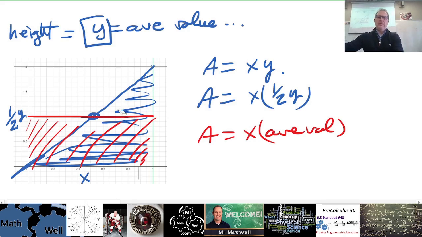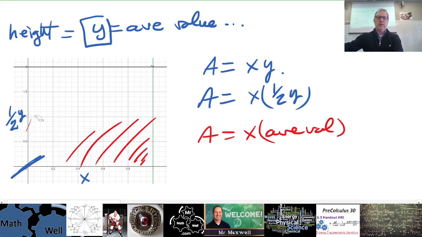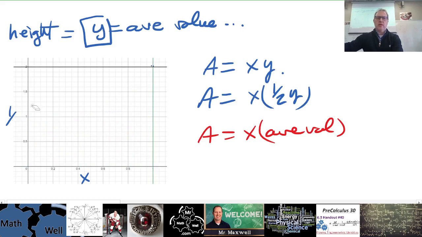So what happens then? I'm going to erase this now. You guys are writing this down. That's good. You can write this down. But what happens now if I have a graph that looks something like the red one did? All right? Something like that.